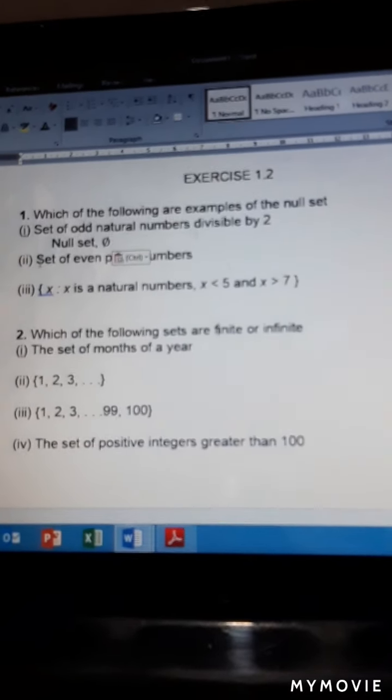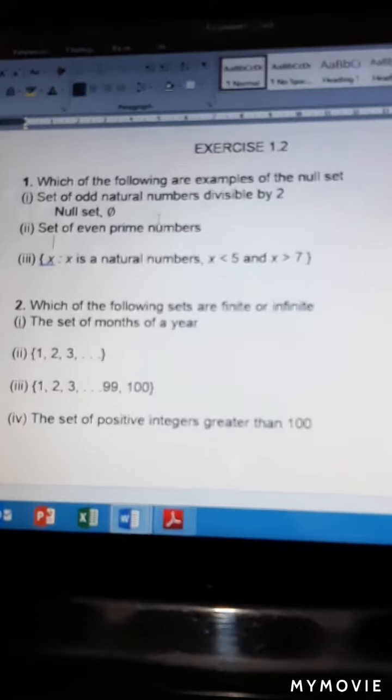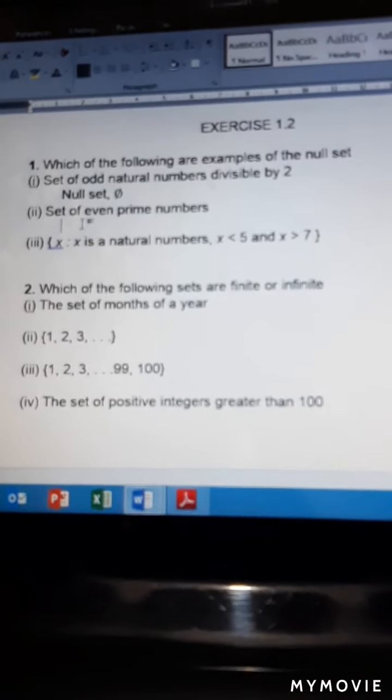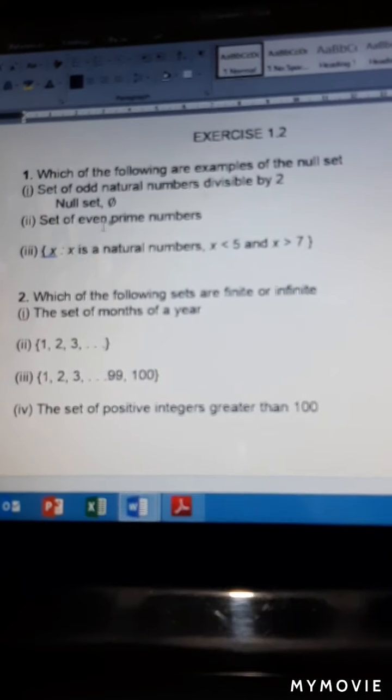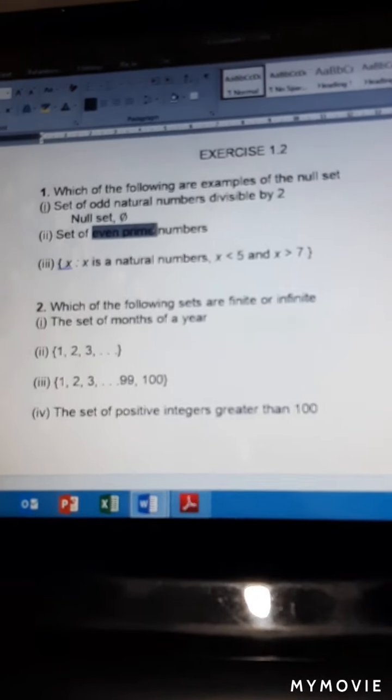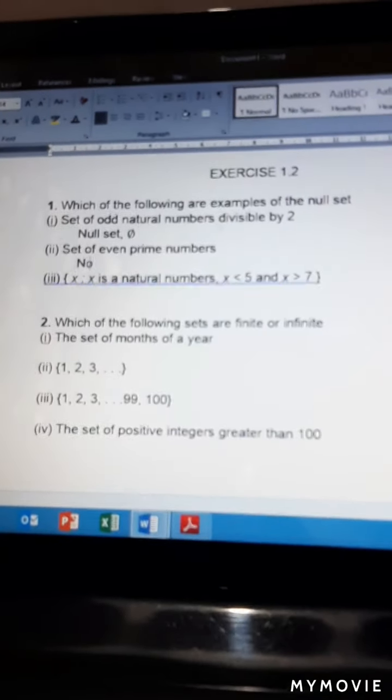Okay. Set of even prime numbers. Prime starts from 2, then 3, then 5 and so on. So which is the even prime number? 2. So this is not a null set.